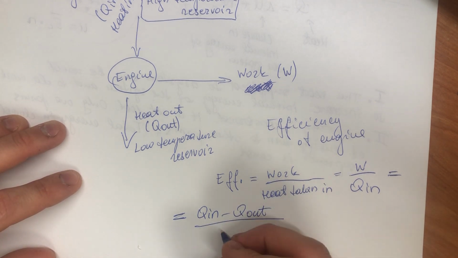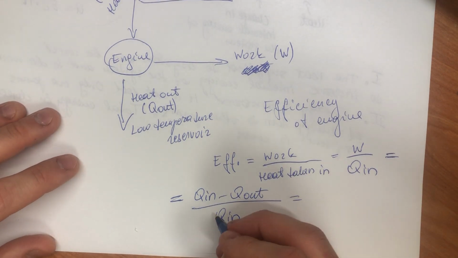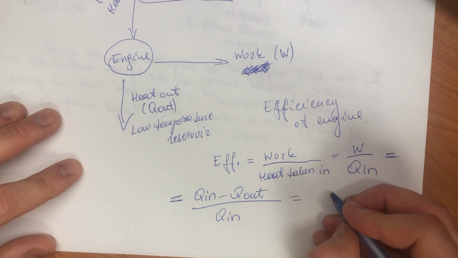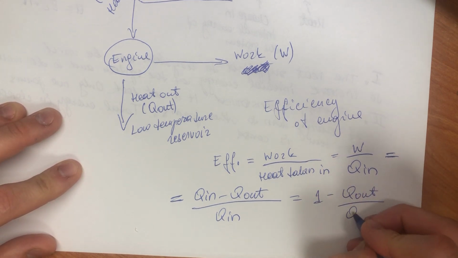Then the efficiency is 1 minus Q out over Q in.